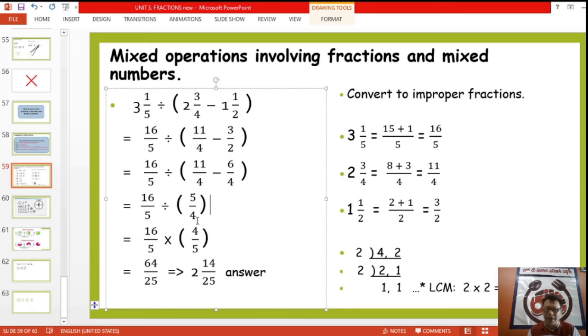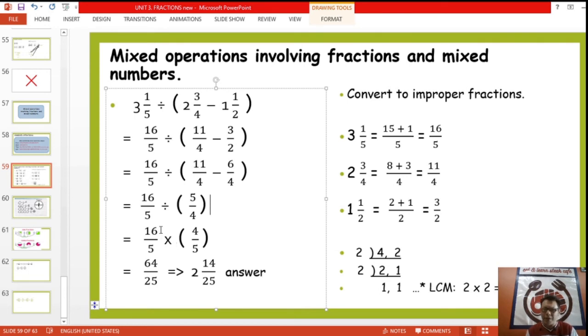And that's what happened here. We have division changed into multiplication, and then the reciprocal of 5 over 4 becomes 4 over 5. So now we have multiplication, so just simply multiply both numerators and multiply both denominators. As simple as that.